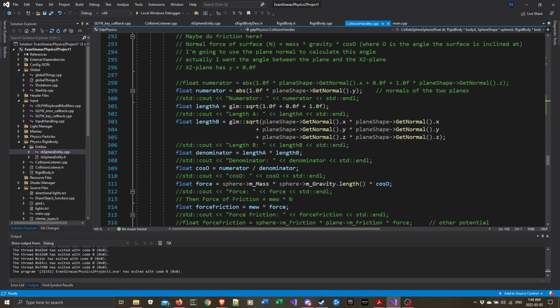Anyways, the numerator is the absolute value of the dot product of the two planes, but since the horizontal normal will always be 0, 1, 0, we just multiply 1 by the y component of the plane.